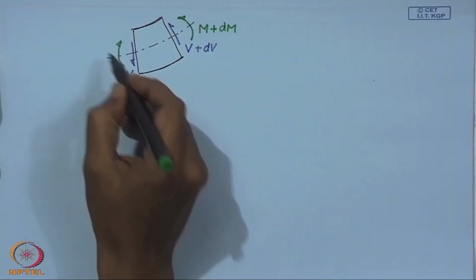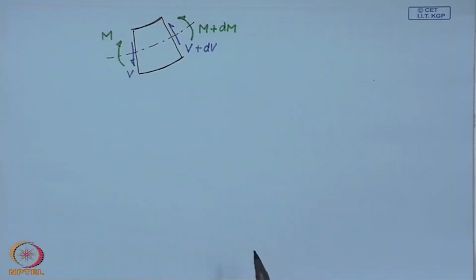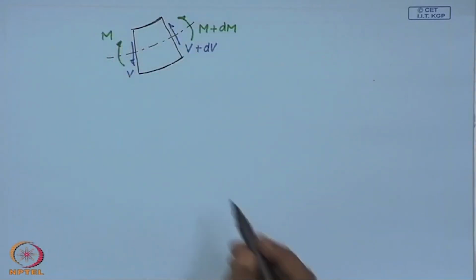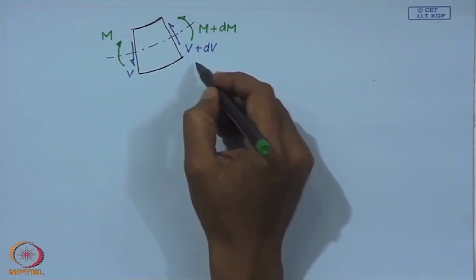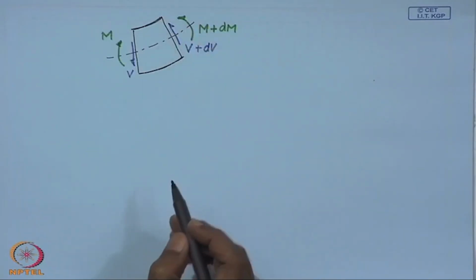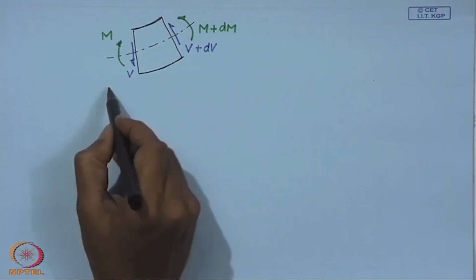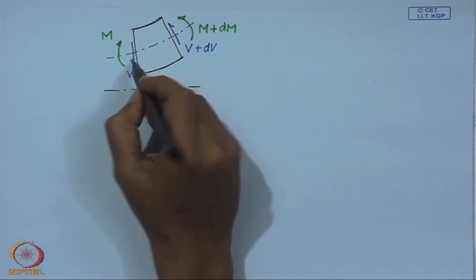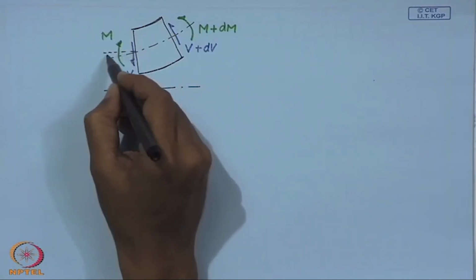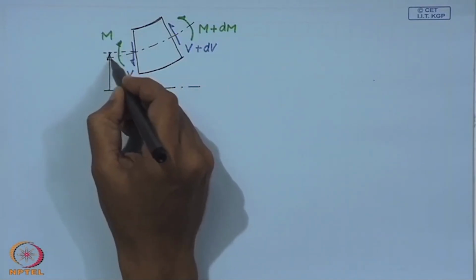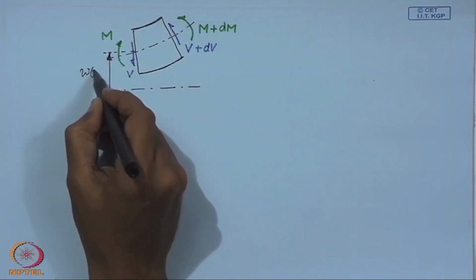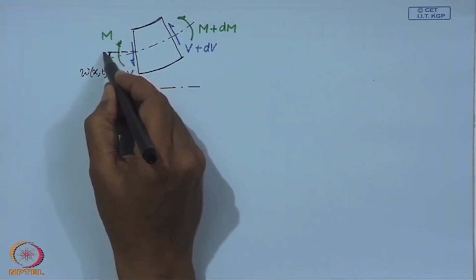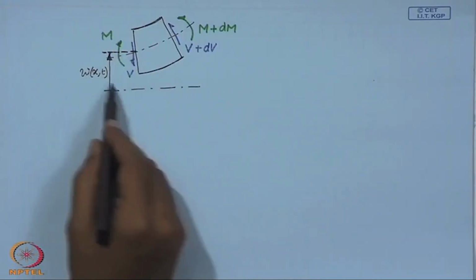So, the sign convention we follow: this is the positive shear force and bending moment. So, this is the undeformed neutral axis. So, this deflection is W(x,t).